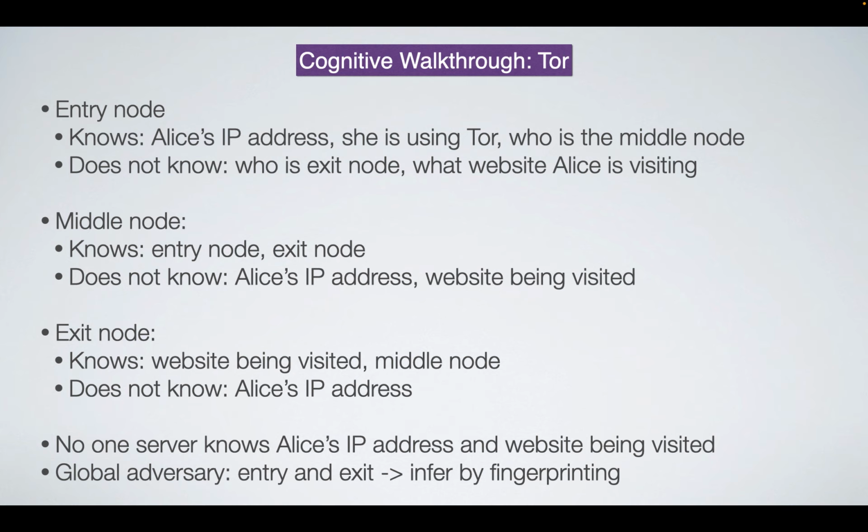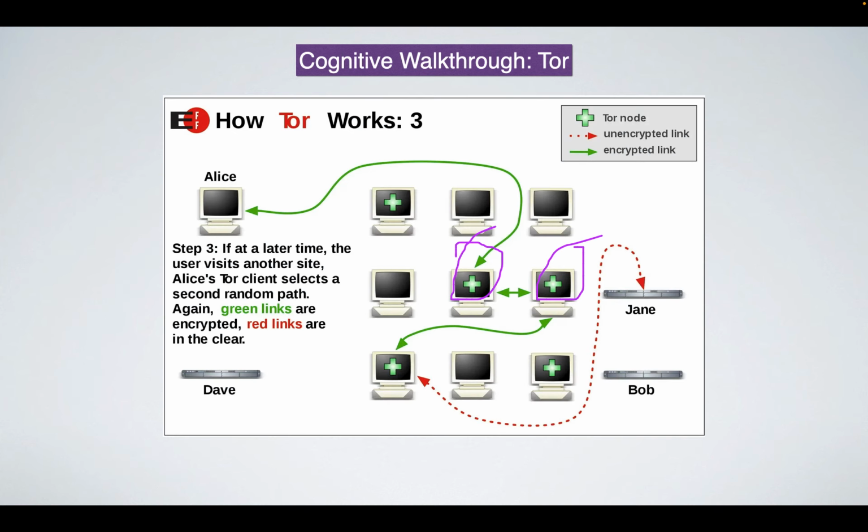Now, the exit node is in a precarious position because let's say that Alice is doing something bad, like accessing child pornography. Then what law enforcement is going to do is look at the IP address and see that it's this exit node. And they may not know what Tor is, right? It could be in some country with some local police.